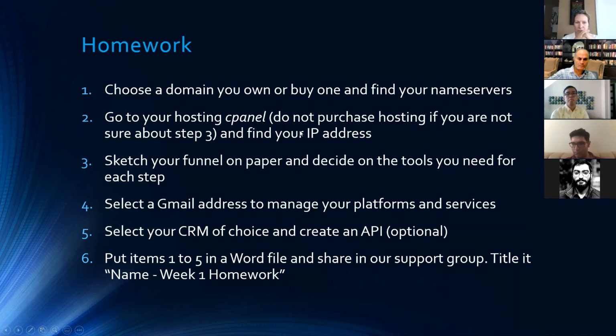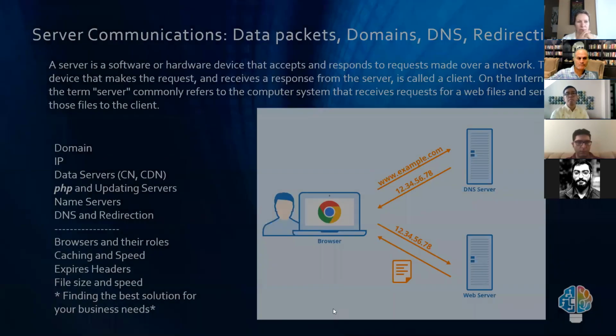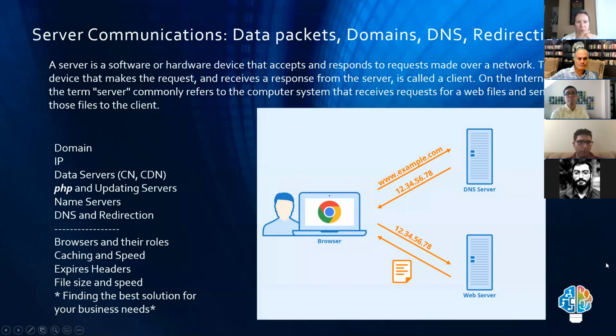What was an IP address? I'm going to do a quick review. If you remember, when we talked about this diagram, the IP address is four sets of numbers that are the real names of your website, the real names of your content, the real names of your server. So in this case, we have 12, 34, 56, 78.